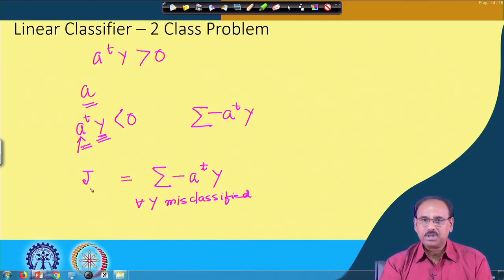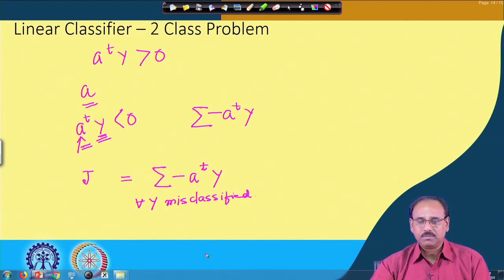And j will be equal to 0 if all the samples are correctly classified. If I have misclassified samples, this sum of minus A transpose y is going to be positive. And if all the vectors are correctly classified, then the value of j will be equal to 0.